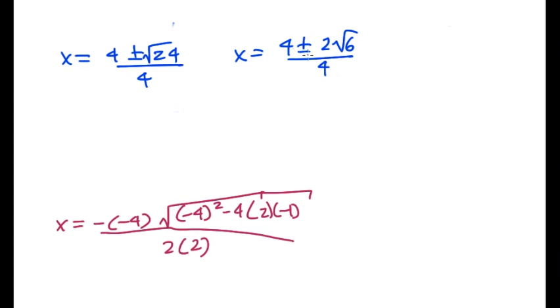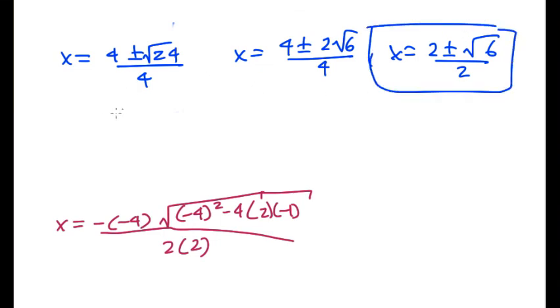And when you cancel everything out, you are going to be left with x is equal to 2 plus minus rad 6 over 2. Alright, we're done. This is our answer, and yeah, you can say it's 2 plus rad 6 over 2 or 2 minus rad 6 over 2. Yeah, those are our answers.